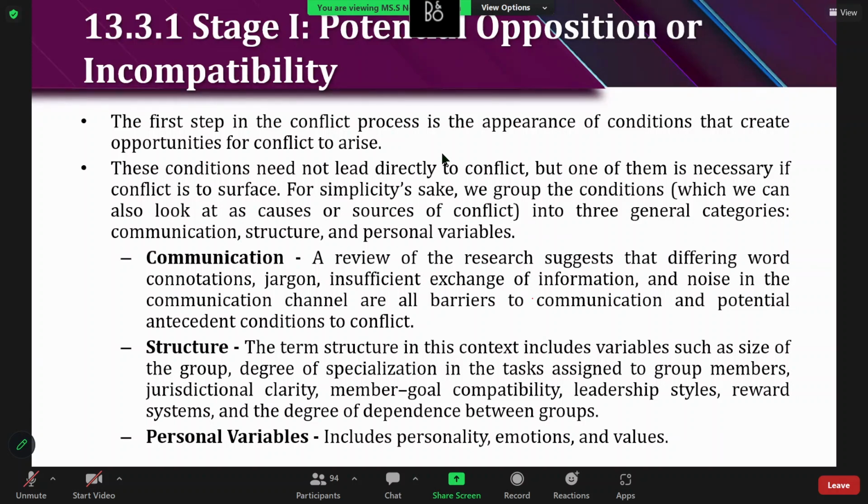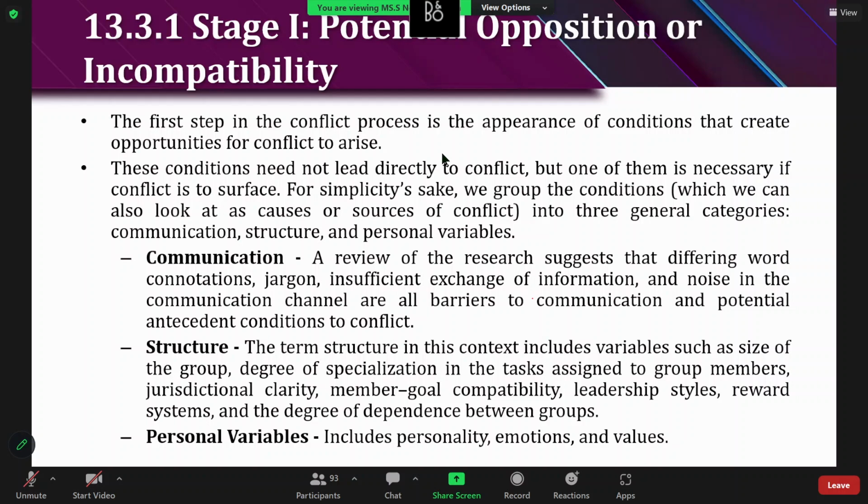Research suggests that different word connotations, jargon, insufficient exchange of information, and noise in the communication channel are barriers to communication, and these would be potential antecedent conditions for conflict to arise. Okay, so why does conflict arise? It is because of the lack of communication. People don't have the proper information with themselves.